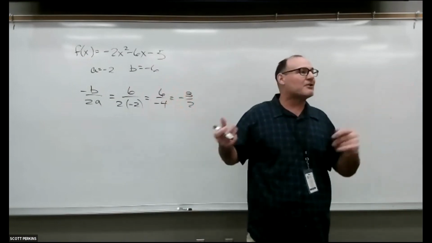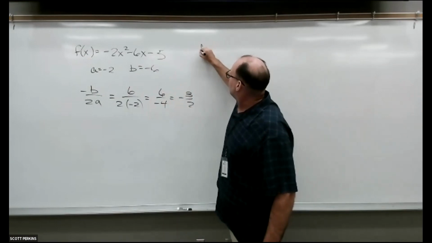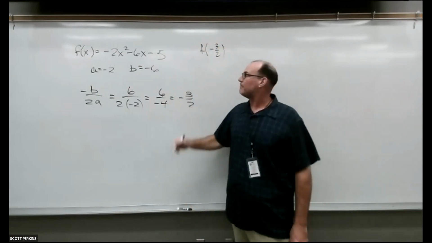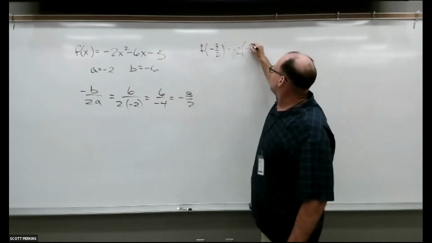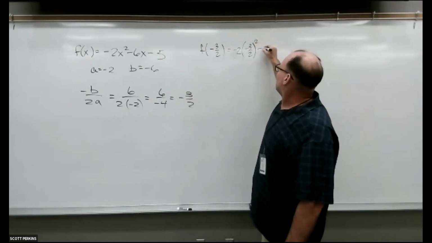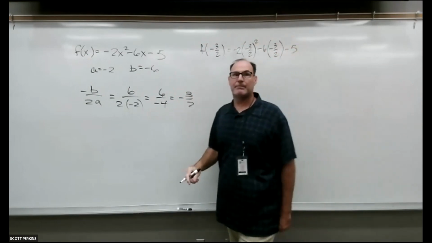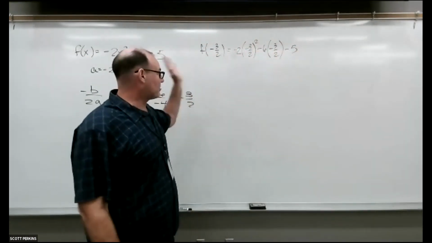You all got calculators, so this isn't too torturous, just a little bit. So now what I'm going to do is say, what's the function's value at negative 3/2 or negative 1.5? So that's negative 2 times negative 3/2 squared, minus 6 times negative 3/2, minus 5. Or if you have 1.5s where I have 3/2.